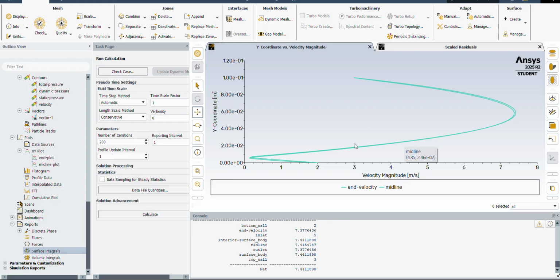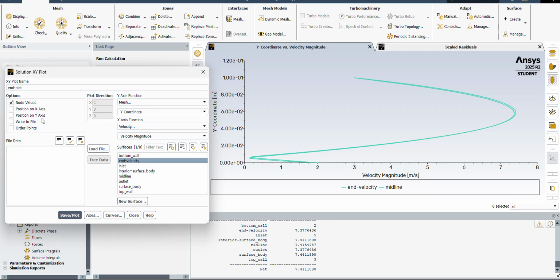And here I have the velocity profiles of the outlet and the midline, which in Garen's video he shows how to get, but just to show you guys, I already have it here. We'll list it as the end plot.